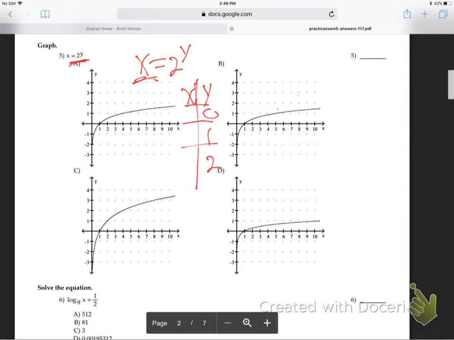Put your 0, your 1, your 2, your whatever on the y side, not the x. Then it'll be easy. So let's do the first one. X will be 2 to the 0. When y is 0, what's 2 to the 0? 1. Anything to the 0 power is 1. Next one. X will be 2 to the 1. What's 2 to the 1?